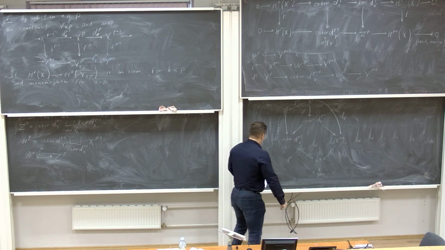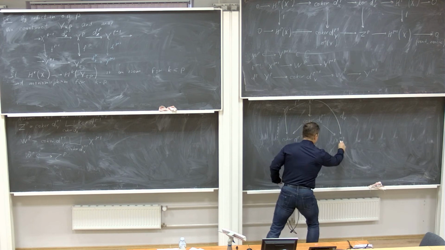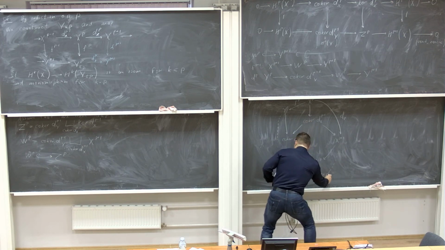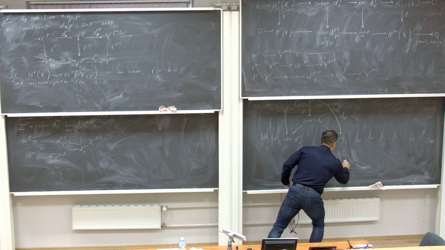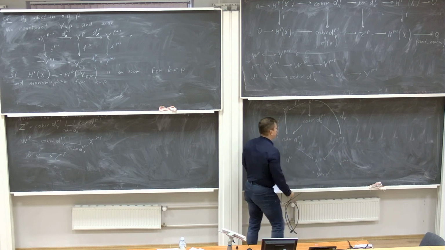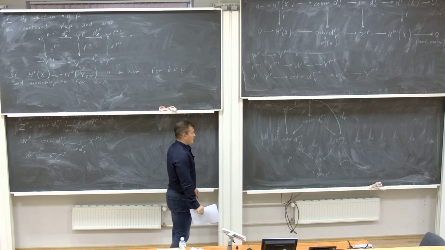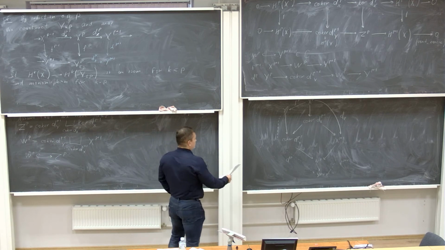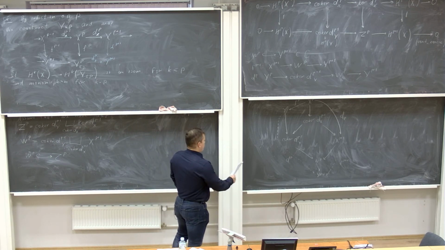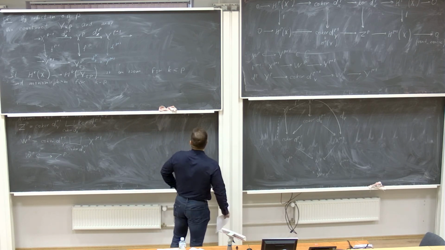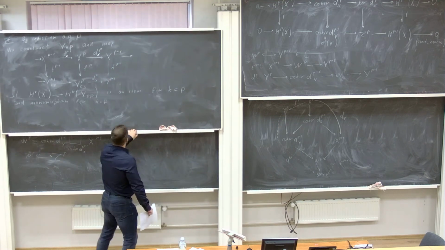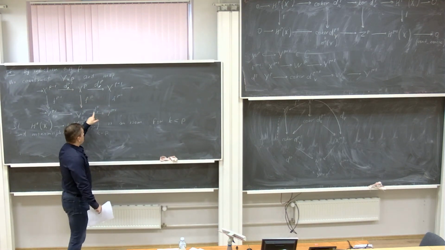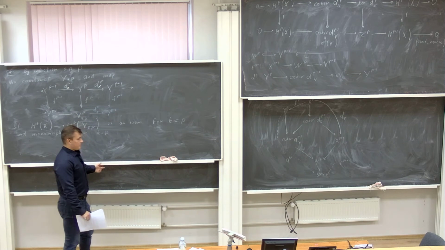And if you look at this composition, then you'll get what I called f_{p+1}. But now if you just look at this diagram and look at the definitions of the d_p and f_{p+1}, you can immediately see that commutativity of this square follows from the commutativity of the diagram.